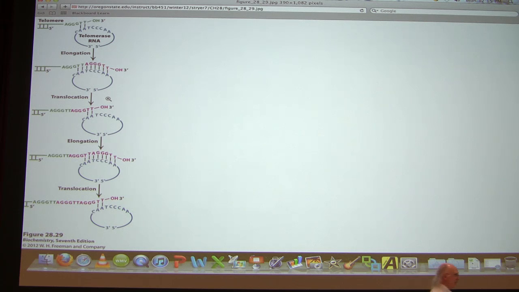Cancer cells, if you think about it, have to have something to make the ends longer and longer and longer, because cancer cells are dividing rather uncontrollably. And if they didn't lengthen their telomeres, what would happen? They would die out. So instead of thinking of activating telomerase, what most scientists are thinking of doing is finding ways to inhibit telomerase.